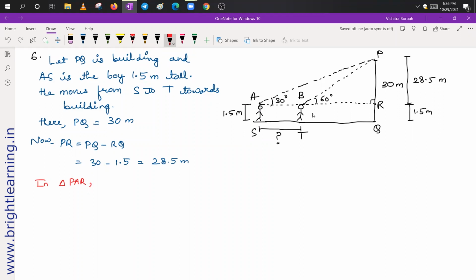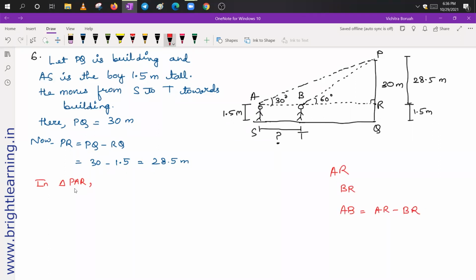After that, you just have to subtract this distance from this distance. Okay, first you find distance AR, next you find distance PR. After finding these two distances, you have to find distance AB. So distance AB will be equal to AR minus BR.